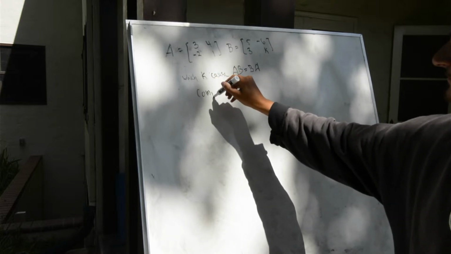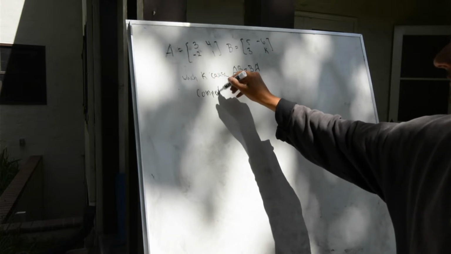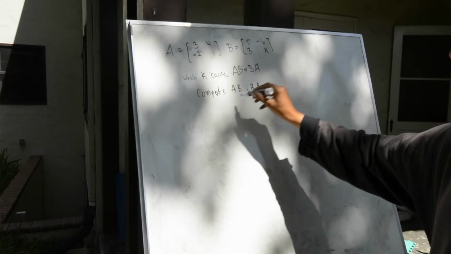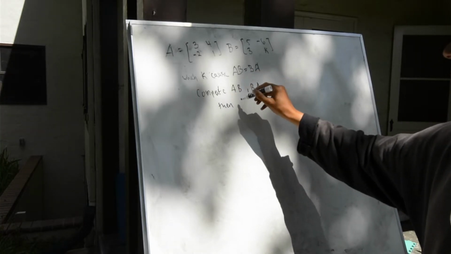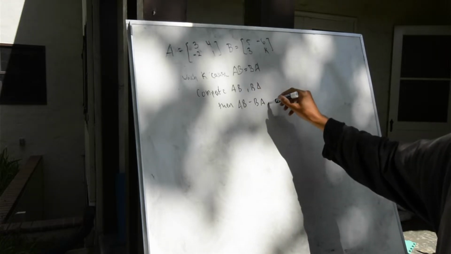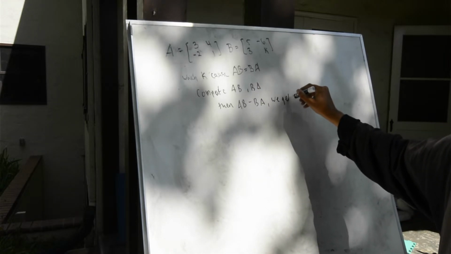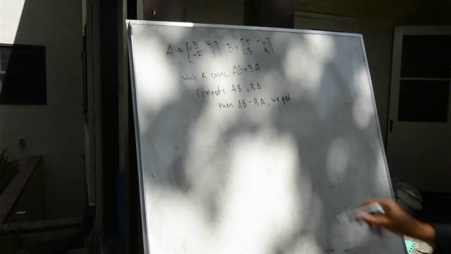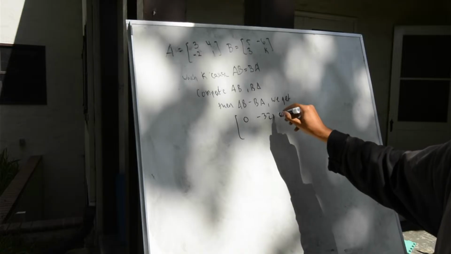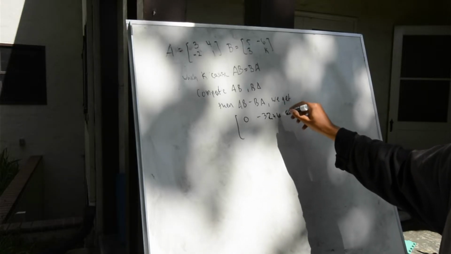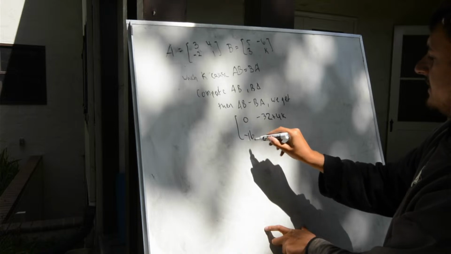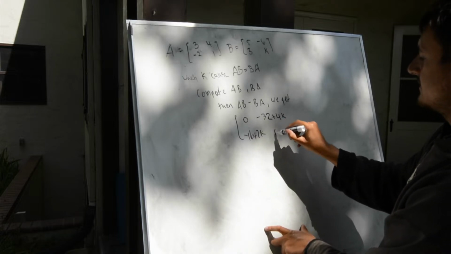compute AB and BA. Then AB minus BA. We get a matrix 0, minus 32 plus 4K, and minus 16 plus 2K, and 0.